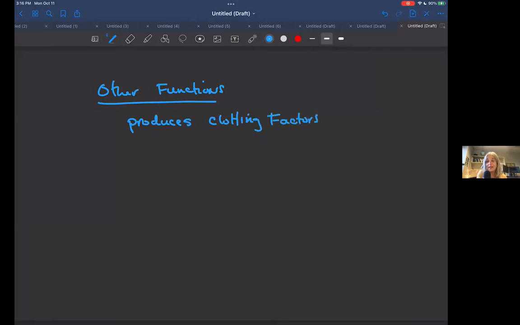They give the blood the ability to clot. It also stores glucose as glycogen. So it stores this, and then the glycogen can be broken down, and glucose can be released into the blood when we need it to produce energy.